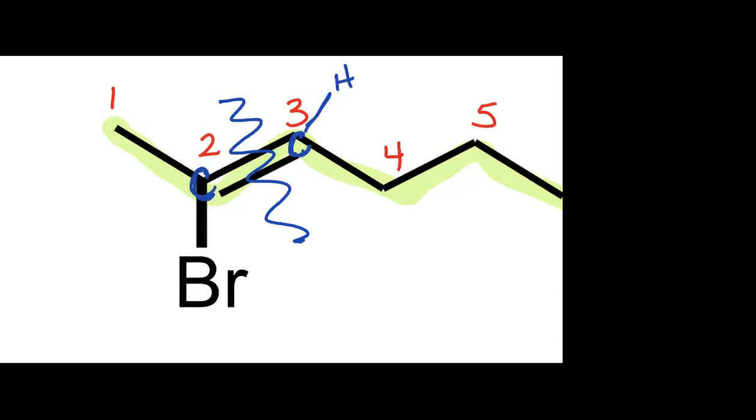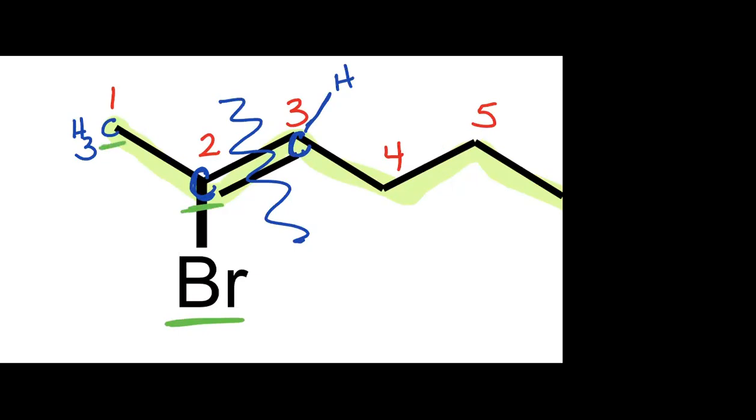There's a carbon right here that is bonded to a bromine and is bonded to a CH3. So if we look to the left of the molecule, we see that carbon 2, which is one of the carbons in the carbon double bond, is bonded to bromine versus carbon, because that is what they are directly attached to. So this carbon is attached to bromine on one side and carbon here.